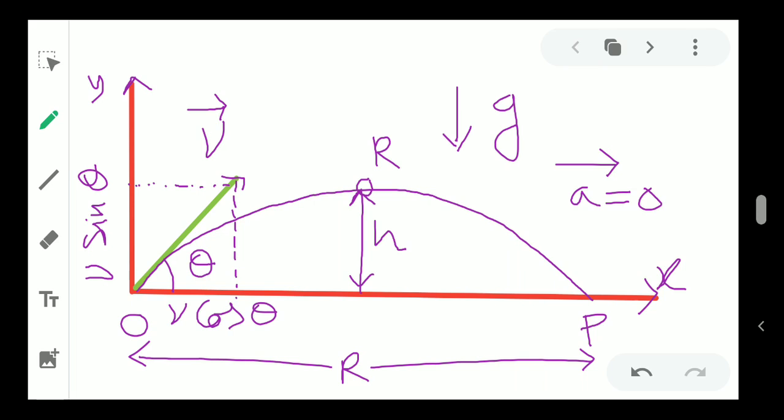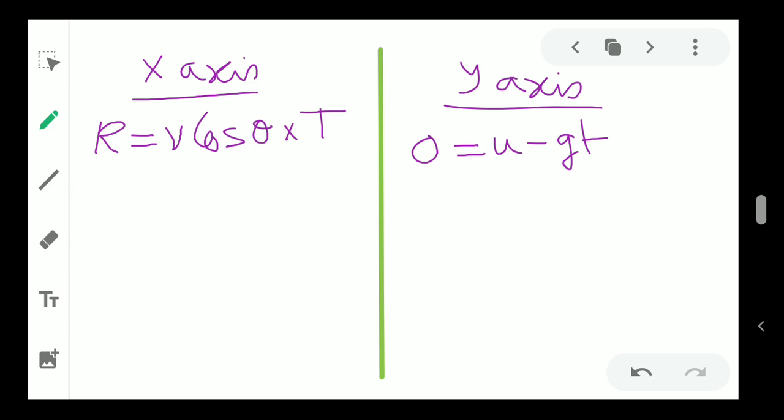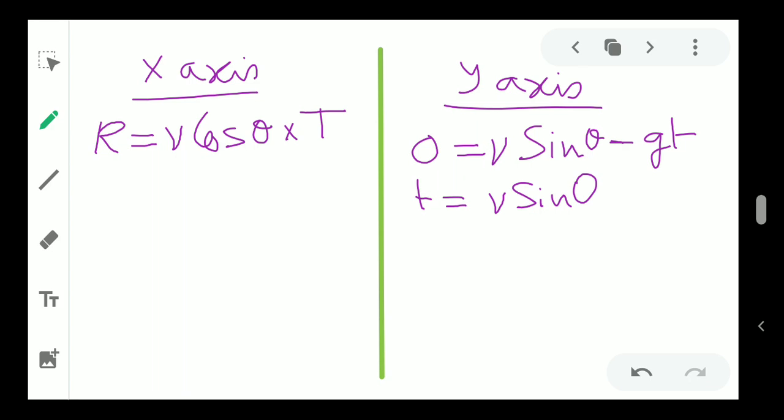Now what is my u? U means the initial vertical velocity with which it was launched for its vertical motion. That is v sin theta. So instead of u, I will use v sin theta, and now I have minus gt. So from here I can find out the time. My time is v sin theta by g, right?